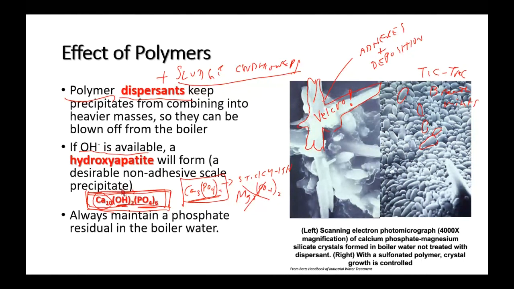So if we've got free available hydroxide, adequate hydroxide in the boiler, we know we usually do, right? We do 2P minus M is equal to our OH alkalinity.